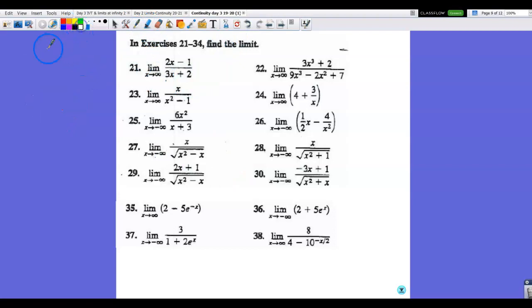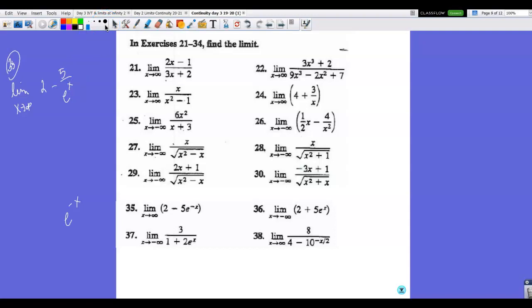So in number 35, I am looking for the limit as x goes to positive infinity. So I want x to get infinitely large. Now watch what happens here: 2 minus, watch what happens here, I have e down here to the negative x power. I'm going to make that into a positive exponent by rewriting that as e to the positive x.